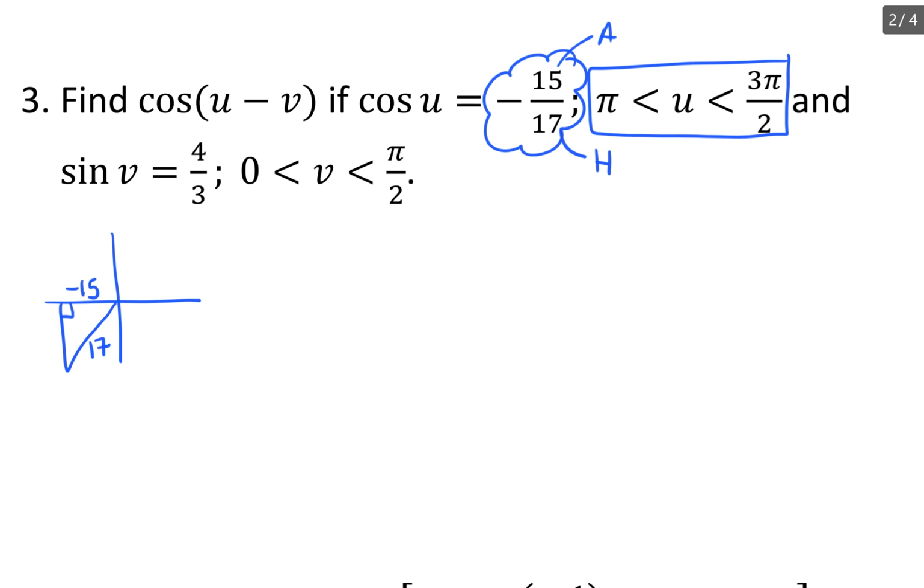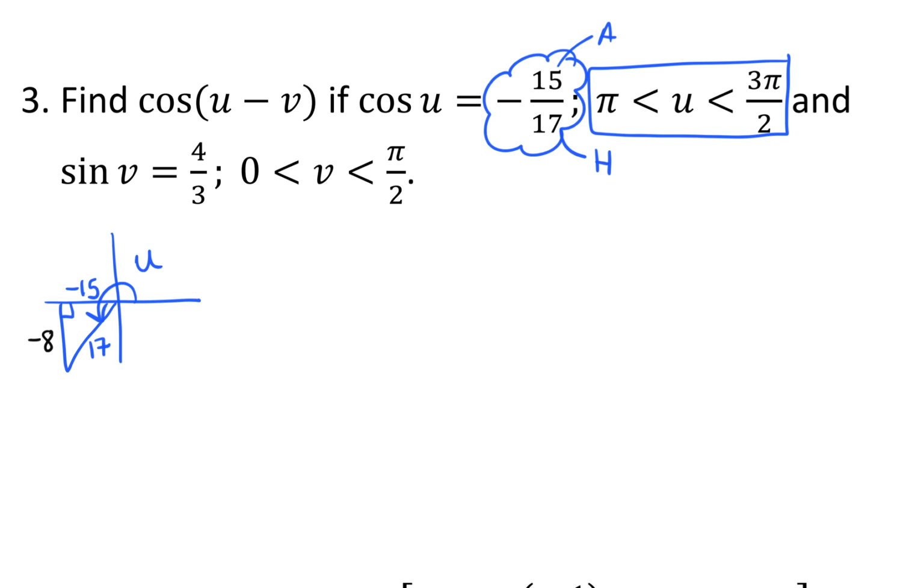My hypotenuse is 17. And then I can see here that this is a lovely Pythagorean triple. So we fill in our missing side there from our Pythagorean triple of negative 8. And then we can use that triangle later on. I'm also going to label my angle here. So this is angle U. And again, we don't need to know what the measure of that angle is. So we're not using our calculator at all.